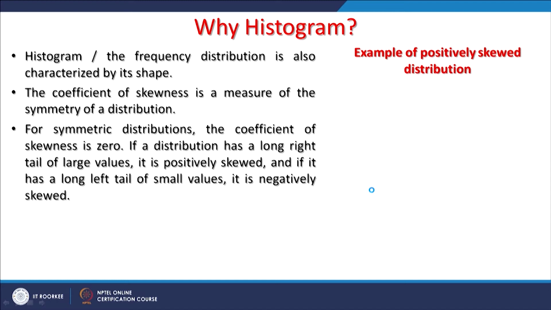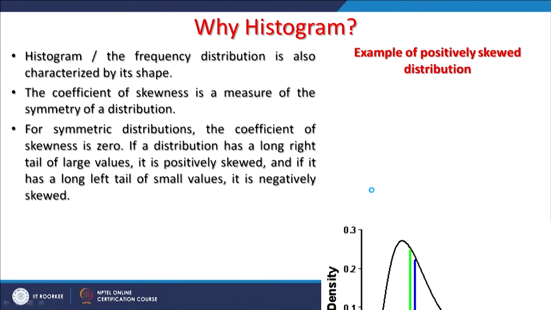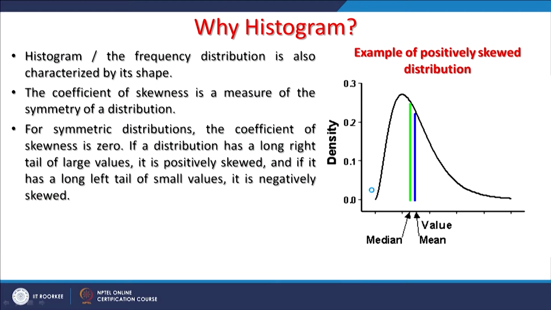Generally you do not get a symmetric histogram, you get a non-symmetric histogram or distribution, and therefore there will be skewness either towards the smaller values or the larger values. In this example, there is skewness towards the lower values, and therefore the mean, median and mode will be located at different places.